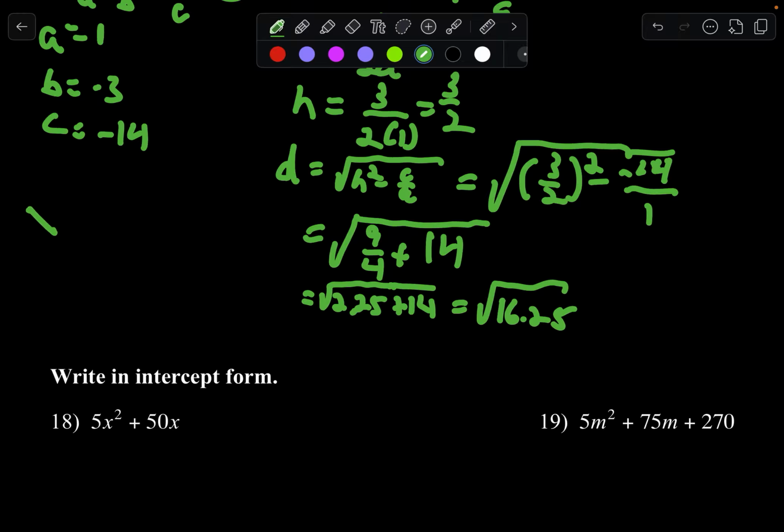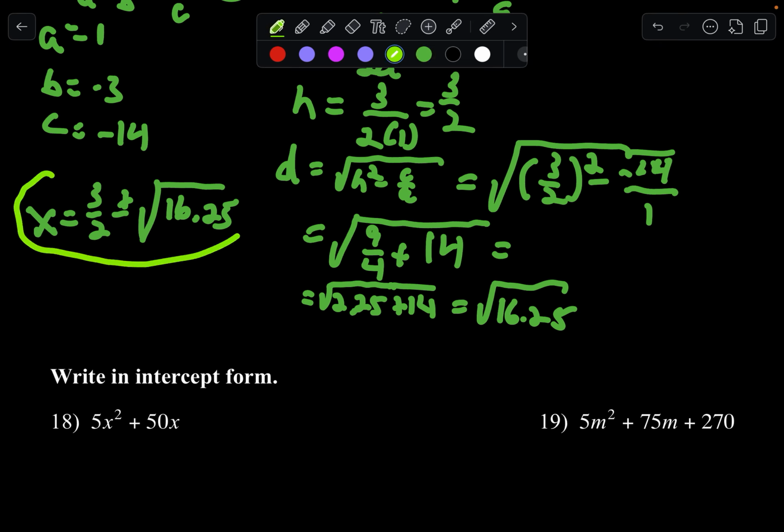So x would equal 3/2 plus or minus the square root of 16.25. Now, you would have used a calculator to evaluate all this. In other words, I would have typed in 9 divided by 4, plus 14, gotten 16.25, and just left it as this. So this is the exact answer.